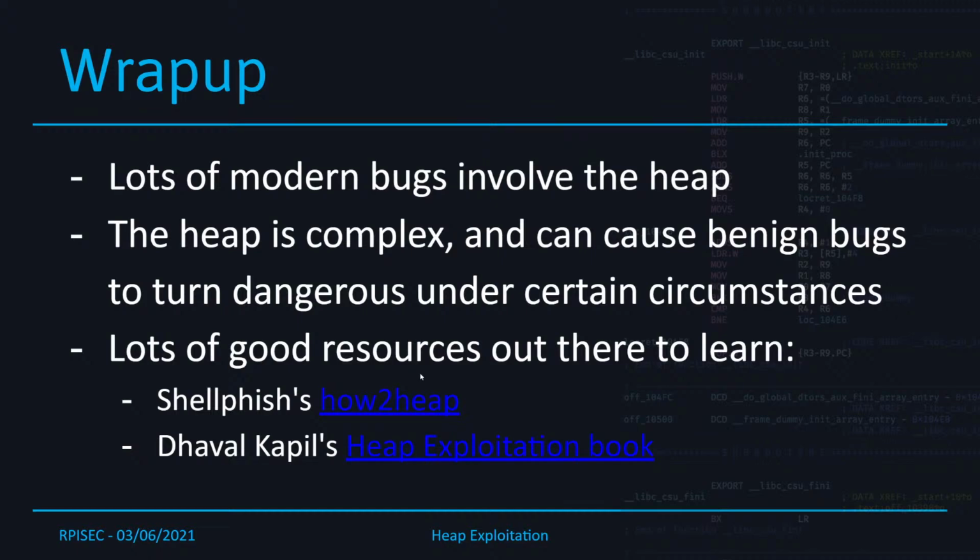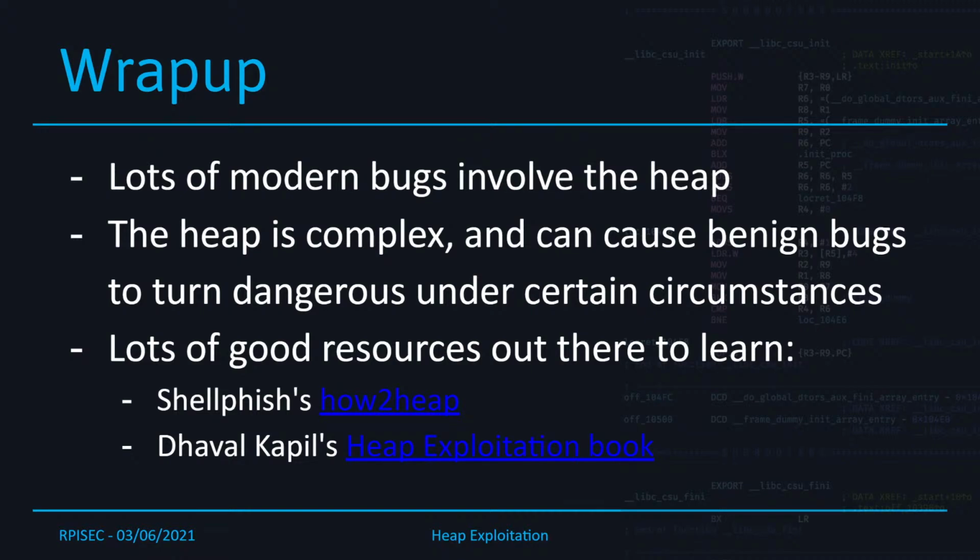So a lot of modern bugs involve the heap, and not even just modern, going back to 2000, 2010, early 2010s. Oh god, that was a decade ago now. We're kind of moving away from really dumb, just overrun a buffer and run some shellcode. That stuff got fixed. And then we got stack canaries. So the stack is getting better and better protected.